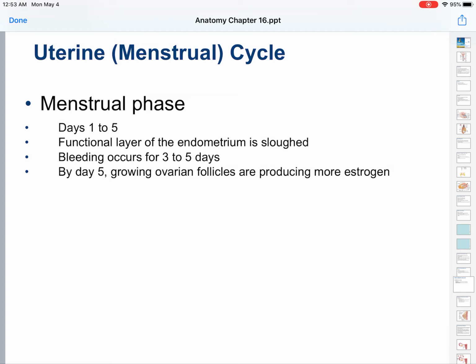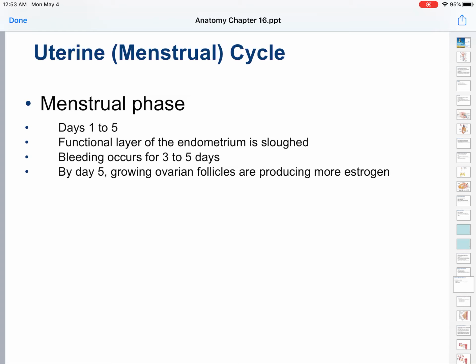What happens is the functional layer of the endometrium, remember that is the inside layer that the embryo will eventually implant into, that will nourish the embryo. If there is no fertilization, then the functional layer is sloughed, which means it is shed and kicked out of the body through the cervix and vaginal opening.